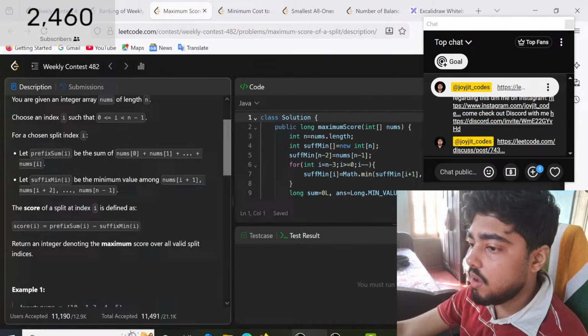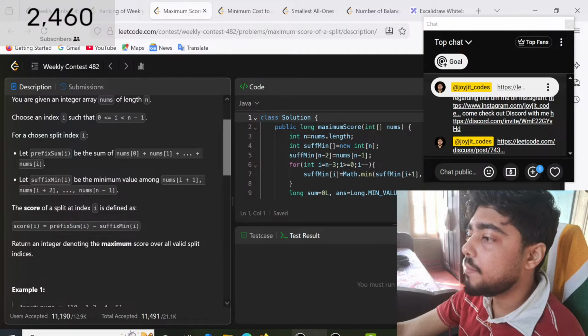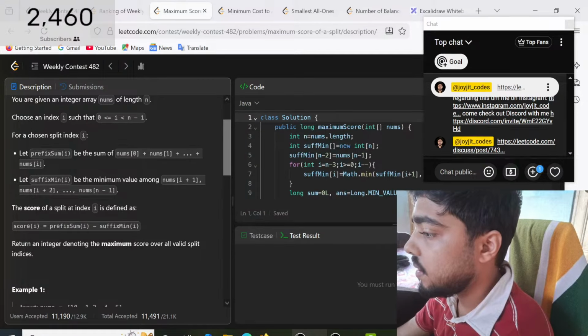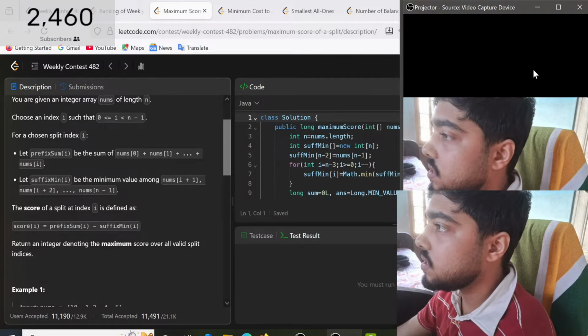I don't know why my laptop is lagging a little bit. It's not OBS, it's my laptop that is lagging.